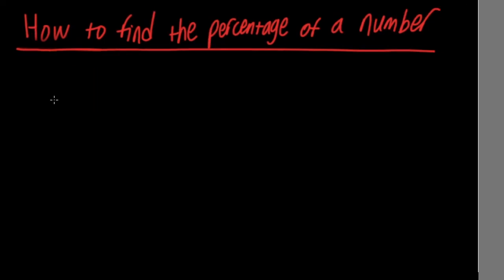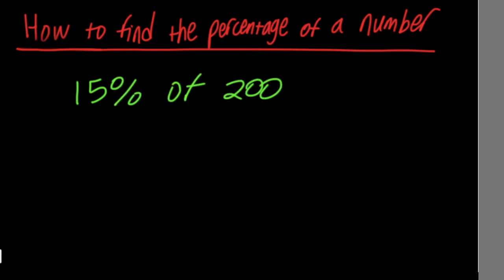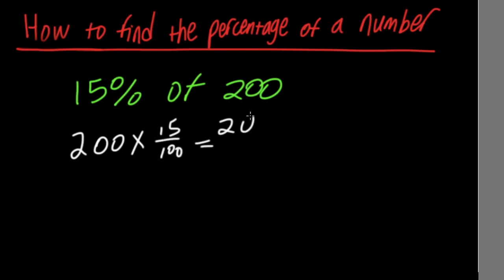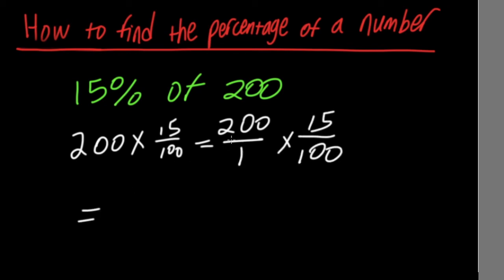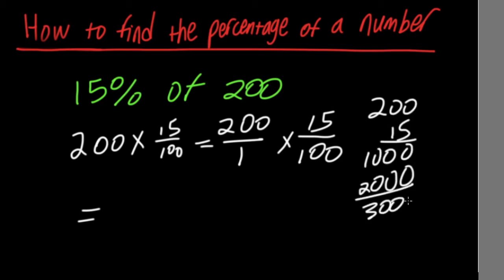Now this time, let's say we want to work out 15% of 200. If we're using the fraction method, that's 200 times 15 over 100, which is the same as 200 over 1 times 15 over 100. 200 times 15 is 3,000, so that gives us 3,000 over 100.